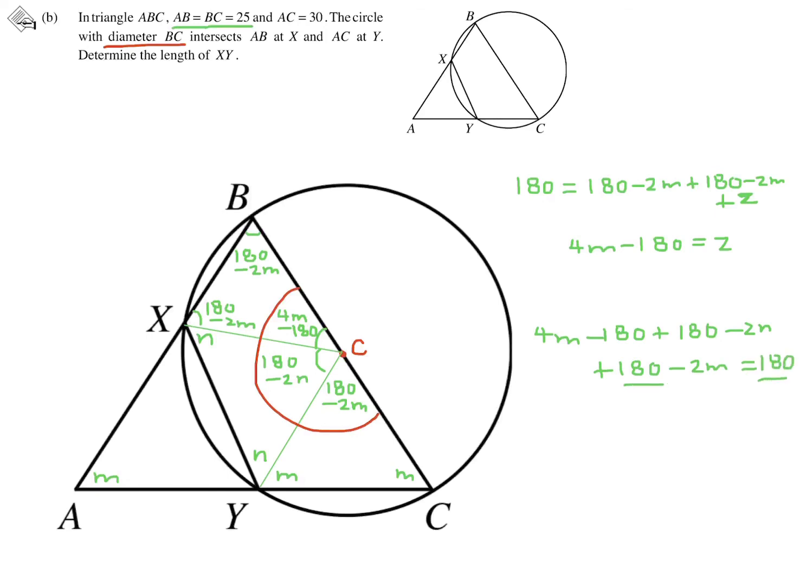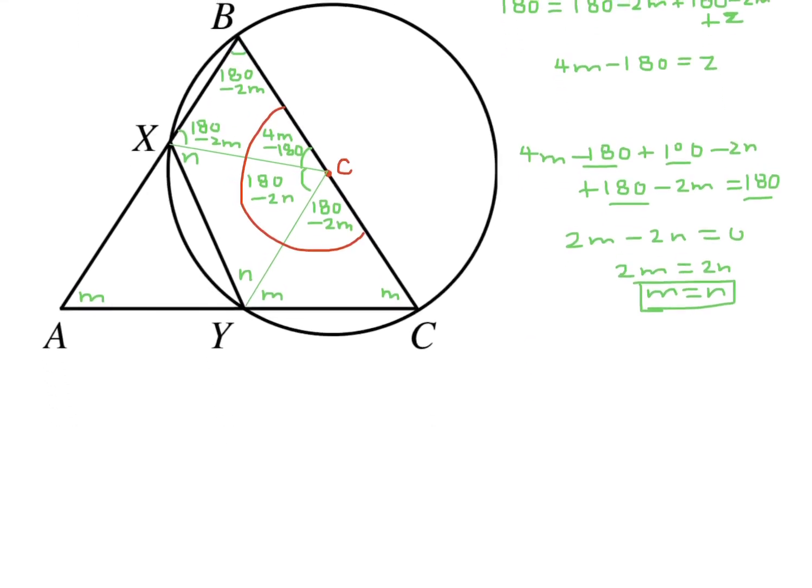So we got a whole bunch of 180s. Those cancel. These cancel. So we get 2m minus 2n is equal to 0. And therefore 2m is equal to 2n. And therefore m is equal to n. So there you go. We got a lot of our relationships in terms of the angles.